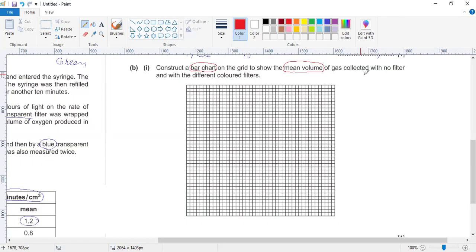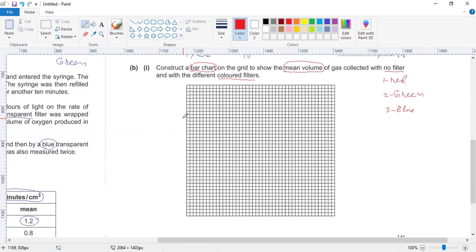We will take that from the table, and the gas collected with no filter and with the different colors. So we have one is the no filter, then red filter, green filter, and the blue filter. Okay, and data is there in the table. We will go to the table again.